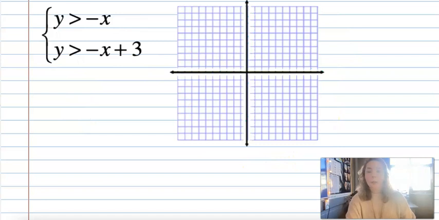And then one more example. Y is greater than -x. That would be starting at the origin and then down one, right one. And it looks like that would be a dashed line. Shading above.